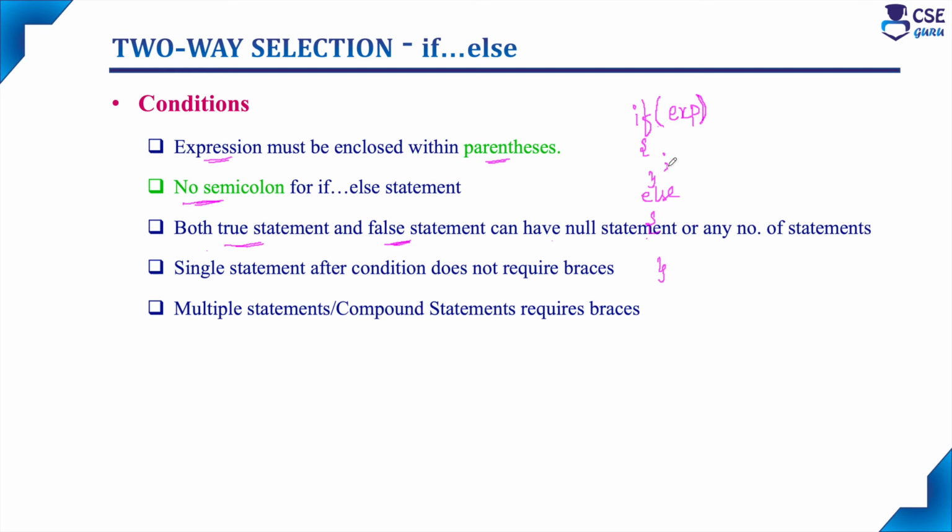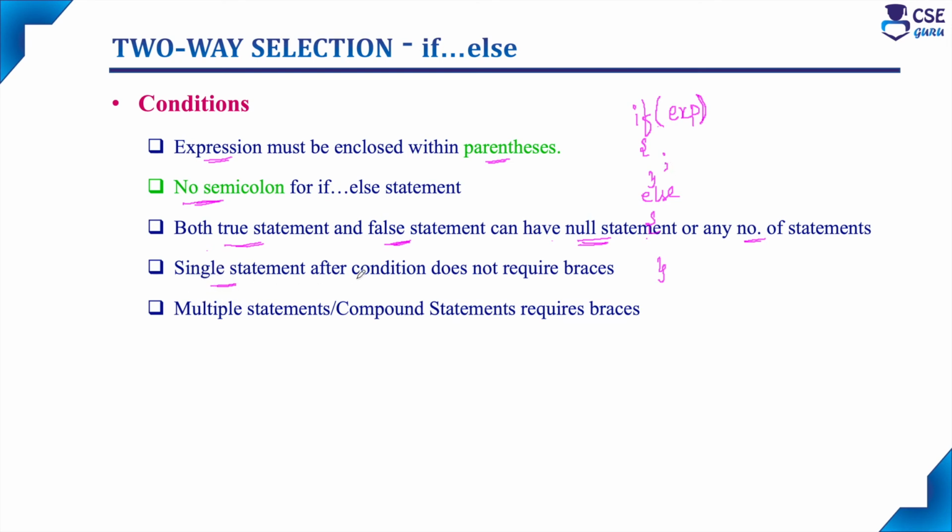A null statement doesn't execute anything. Nothing will execute, and there is no need to specify any statement. The null statement is specified with this semicolon. So for both the true statement as well as the false statement, we can specify any number of statements, or if the condition is true and it does not execute anything, we can simply specify a null statement.